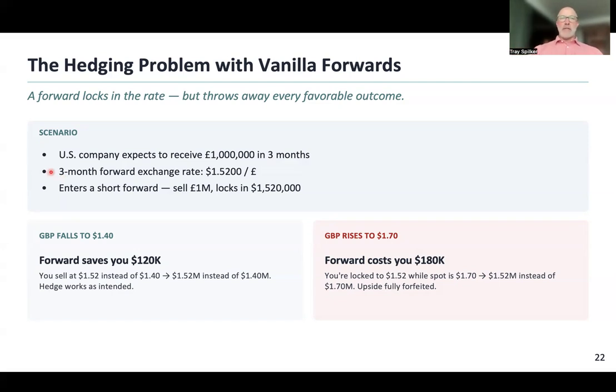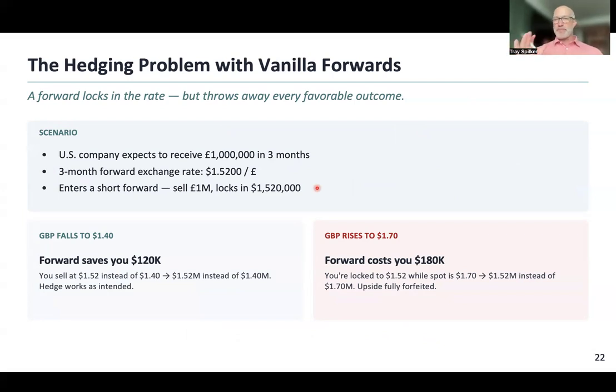We would end up shorting the forward contract, because we're concerned about the British pound weakening. And if we did that, we'd be able to lock in this conversion: a million British pounds would be equivalent to 1.52 million US dollars. And we could do that, and that would be very straightforward.